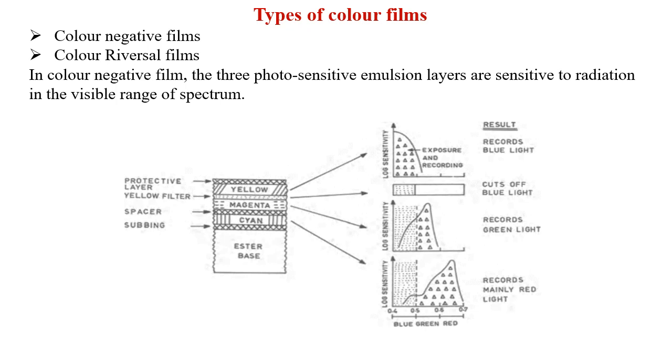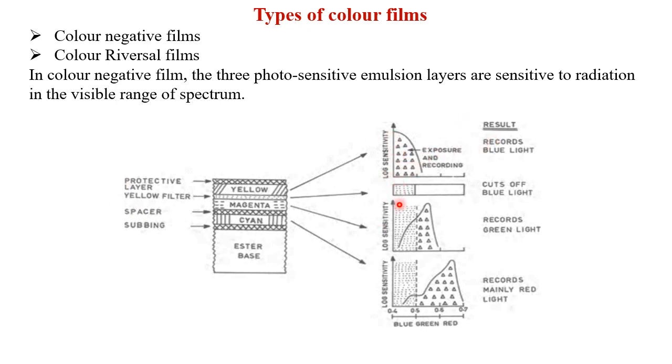Now types of color films. Here are two types of color films: one is color negative films and second is color reversal films. In color negative film, the three photosensitive emulsion layers, here we can see, are sensitive to radiation in the visible range of the spectrum.